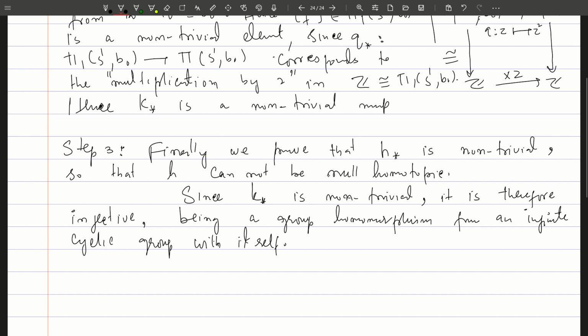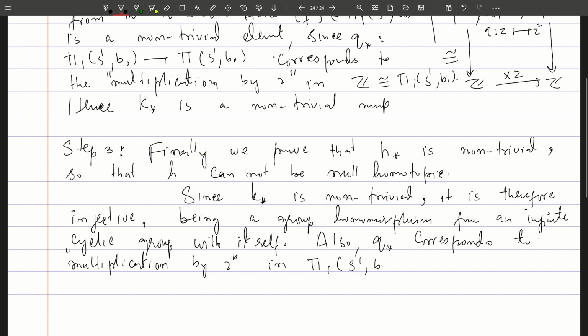Also, this Q star corresponds to the multiplication by 2 in pi 1 S1 b naught.